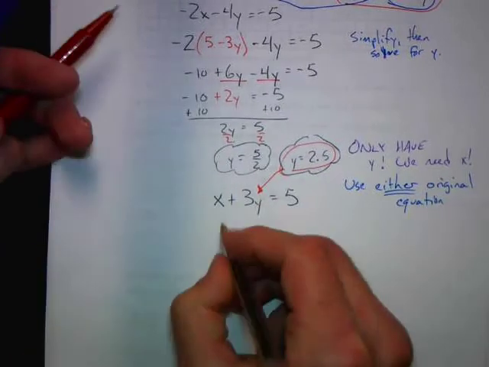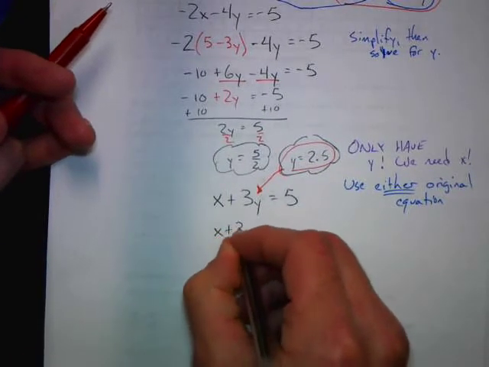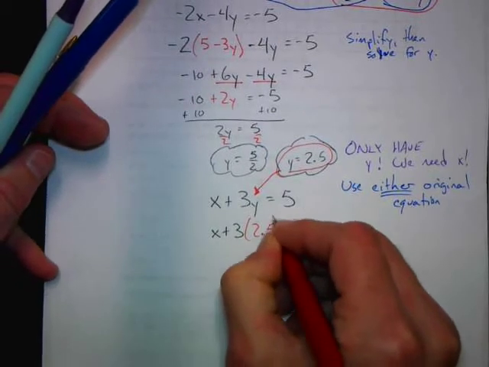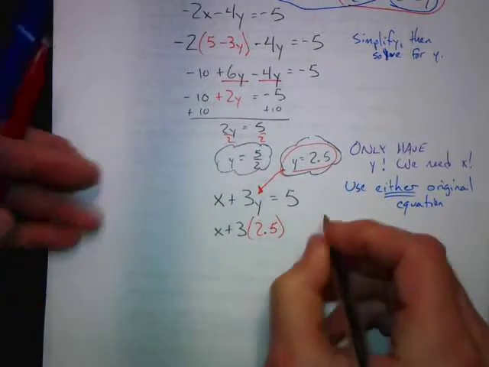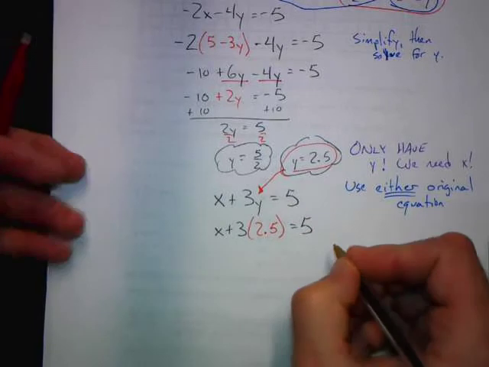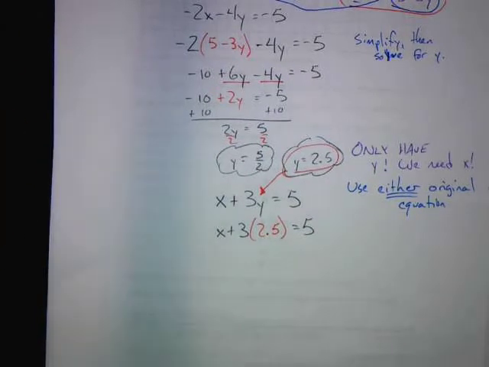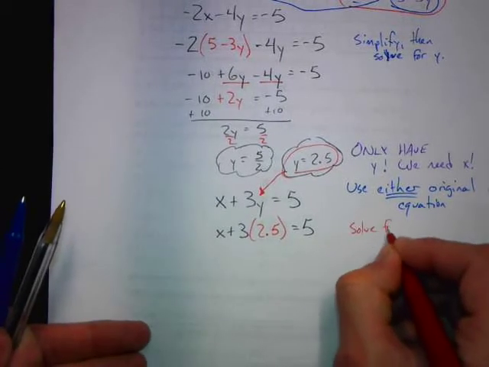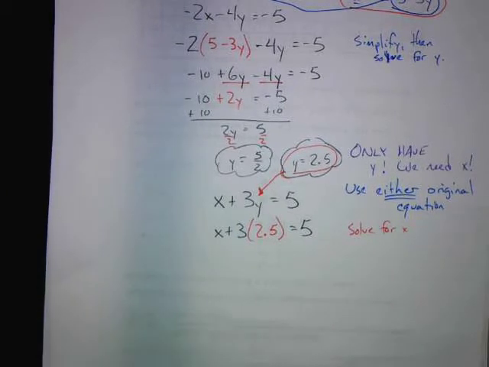I'll use the decimal, why not? So we have x plus 3, but not 3y anymore, 3 times 2.5, and that will equal 5. All we're doing is substituting. So all we have to do now is solve for x. Remember we're looking for an ordered pair.